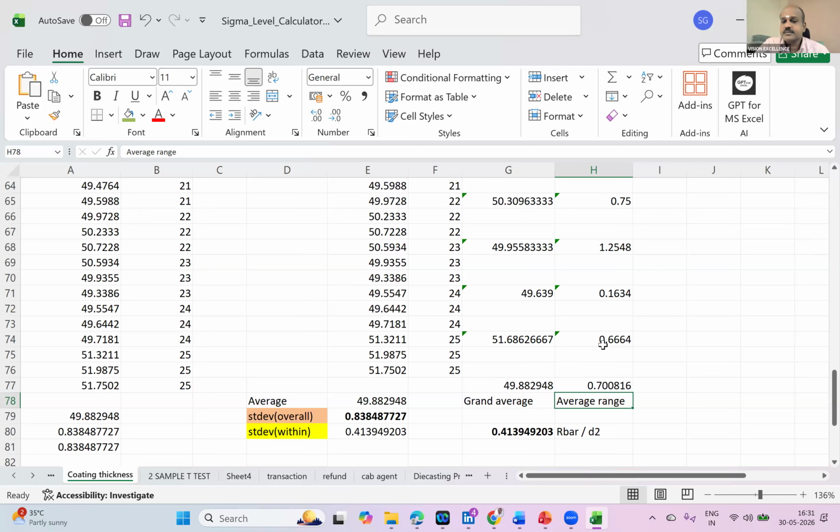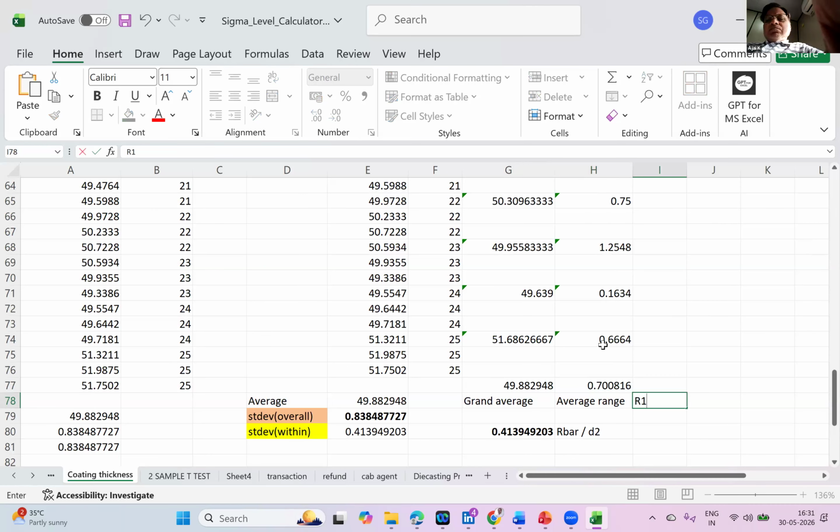Average of the ranges. Can you calculate the average of 25 ranges? Tell me what is the formula? R1 plus R2 up to R25 divided by 25. Very good. Everything divided by 25, isn't it? Of course, we have to write the formula and everything correctly.